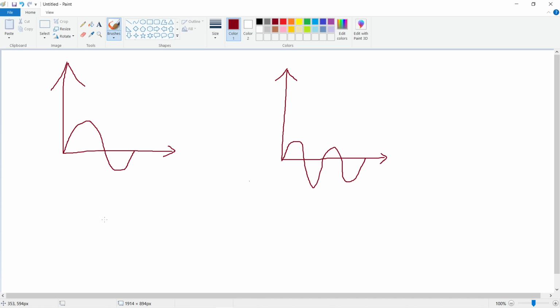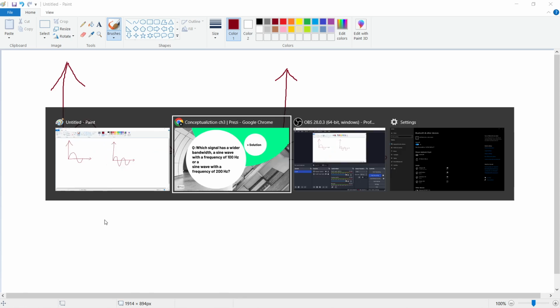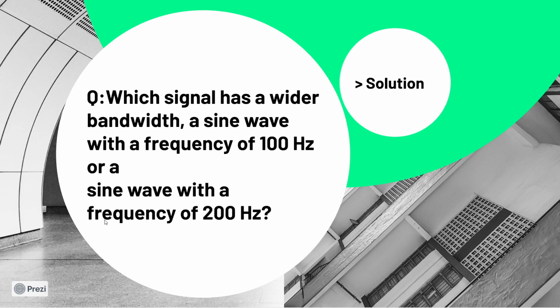Whenever we talk about bandwidth, it's a range of frequencies, from the lowest component to the highest component. Here we are given individual sine wave signals, and we are asked which will have a wider bandwidth.